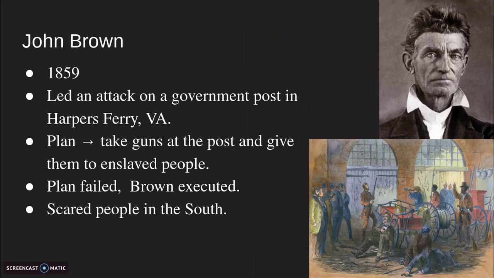So in 1859, Ohioan John Brown led an attack on a government post in Harper's Ferry, Virginia. His plan was to take all the guns at this post and give them to enslaved people so that they could fight back. His plan failed, though, and Brown was executed.